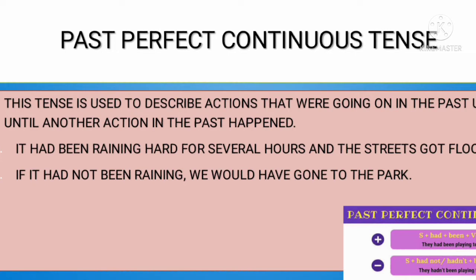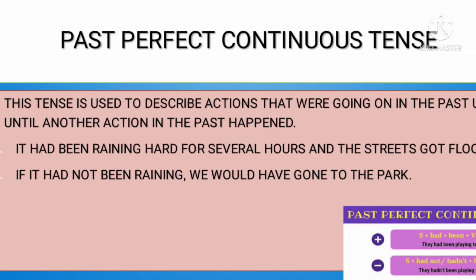If you see that first sentence, we could also express it in present perfect continuous tense. So what is the difference between present perfect continuous tense and past perfect continuous tense? Present perfect continuous tense started and is still going on. But past perfect continuous tense started at a particular point of time, it was going on, and it got over by another action.